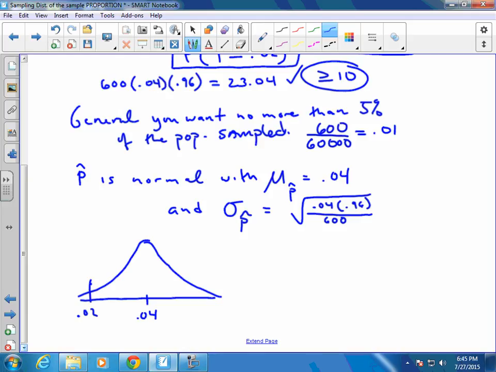Again, if you want to take this expression right here and convert it into a decimal, that's fine. Just list a whole bunch of decimal places. For whatever reason, I tend to just leave it exact.